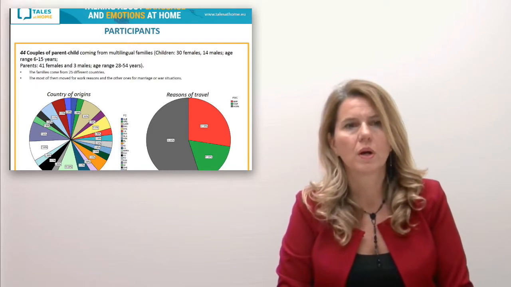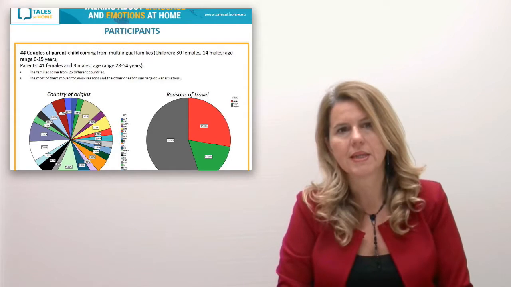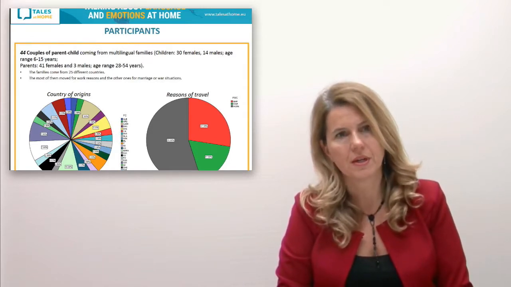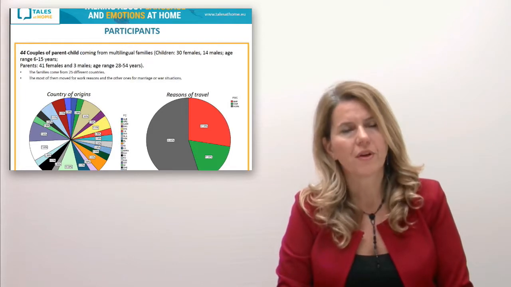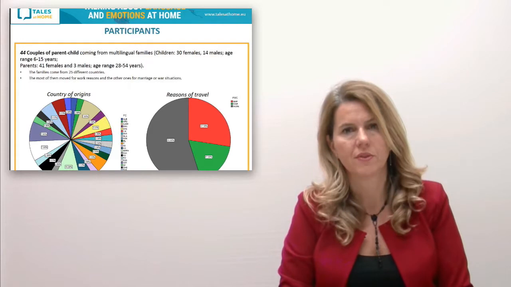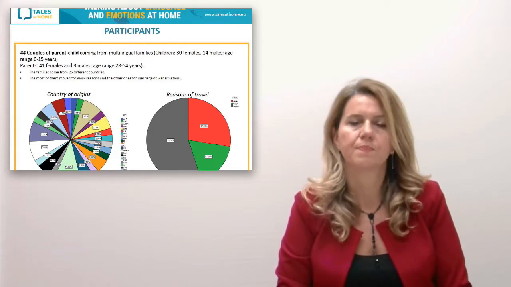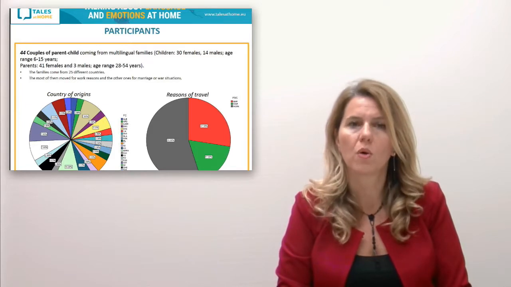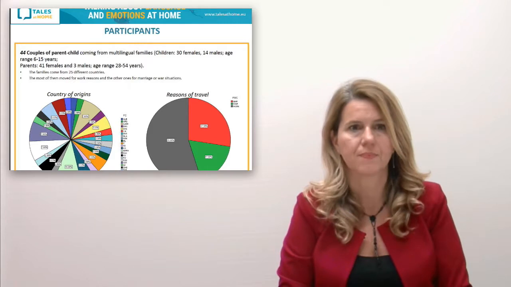The parents were 41 females and 3 males, age range 28-54 years. The families come from 25 different countries, so all the partners in the project interviewed the family, and we collected the data from all the partners in order to make our analysis.